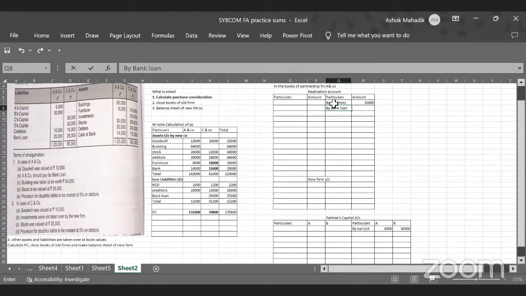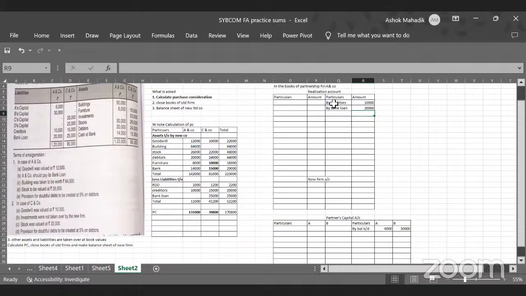Remember, whether any liability or asset is taken over by new company or not, it will come here for sure. So 20,000 will come here. Even though it is not taken over by new company, still you have to post them either in capital account, if it is a capital and reserves, and other liabilities in a realization account on the credit side. Is this clear?